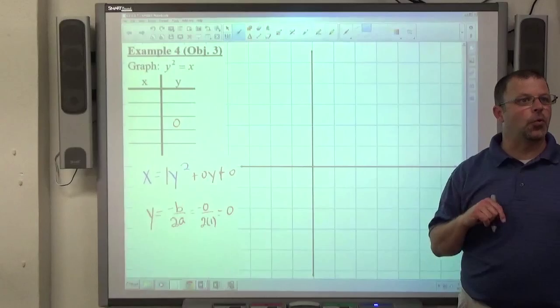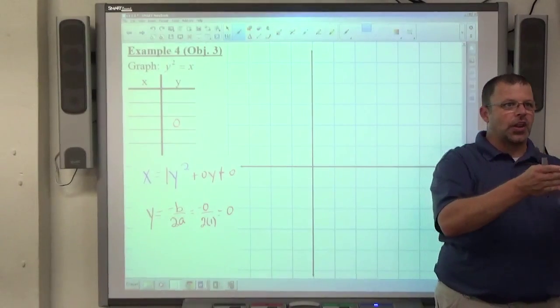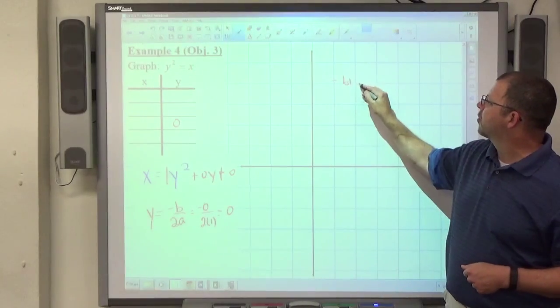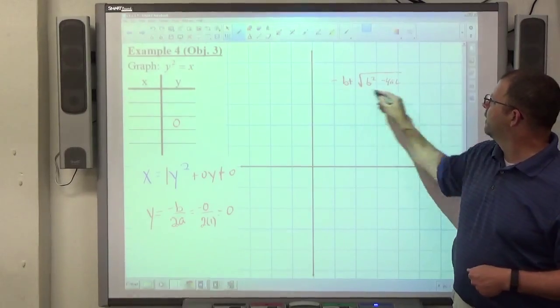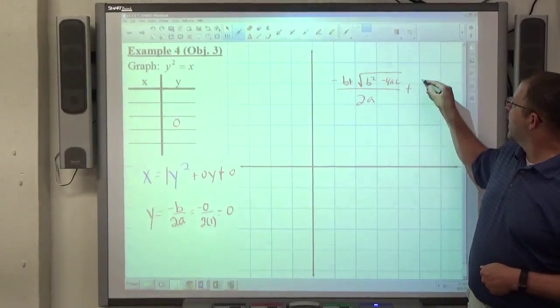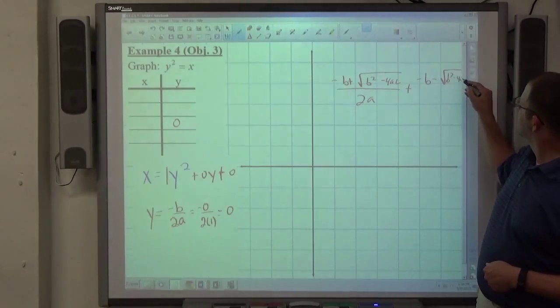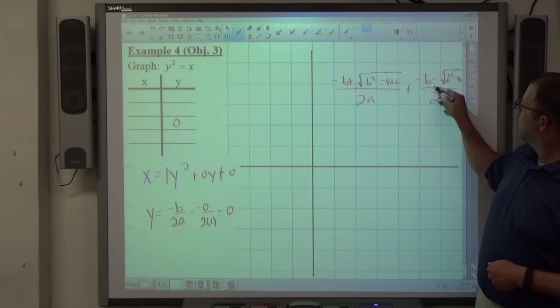It actually comes from the quadratic formula. The middle point is always halfway between the two zeros. And the two zeros are negative b plus the square root of b squared minus 4ac over 2a, and negative b minus the square root of b squared minus 4ac over 2a. Those cancel.